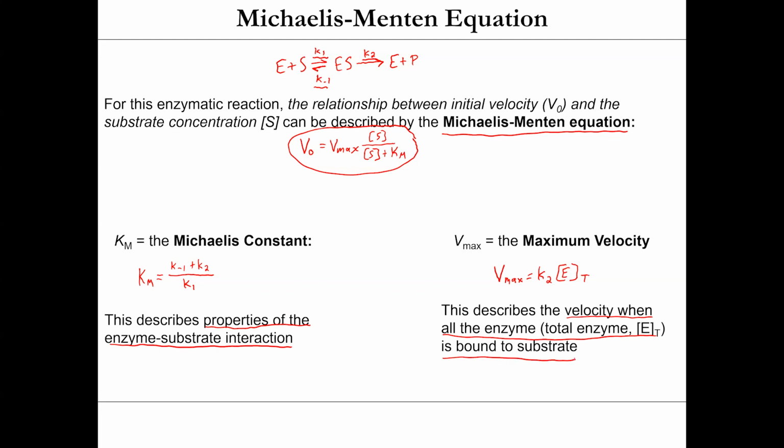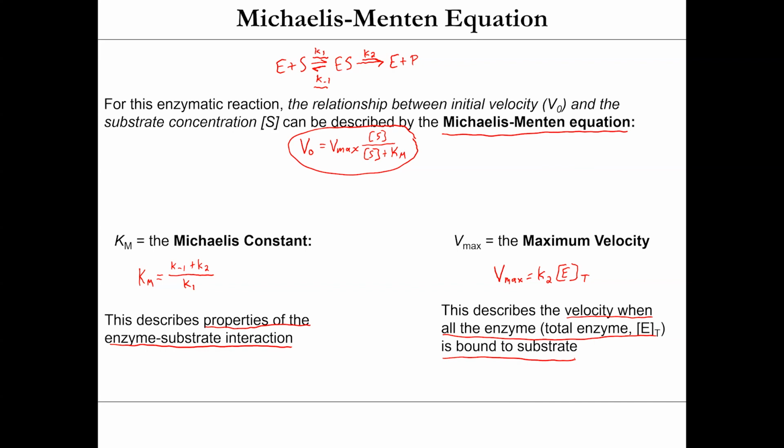So if you have X moles of enzyme, and all of those enzymes are bound to substrate, they're all converting from that enzyme substrate complex to enzyme plus product. That's as fast as the reaction can go. So the Vmax is the maximum velocity. When all the enzyme is bound to substrate, the reaction cannot go any faster than that.